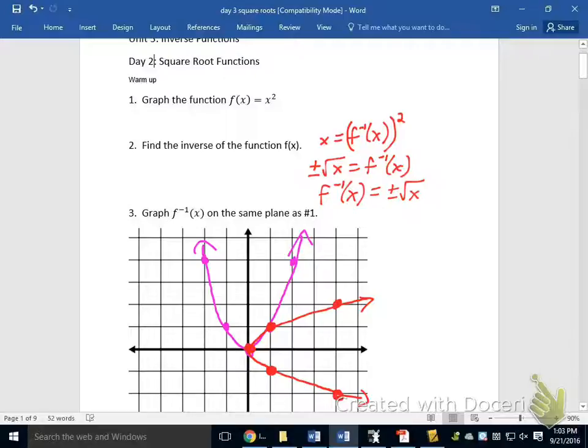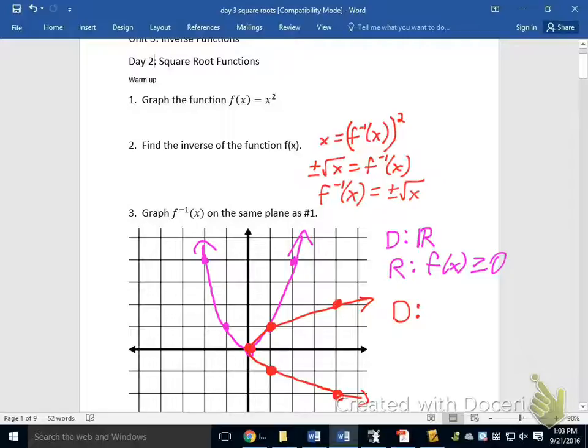What you will notice is that for the original function, the domain would be all real numbers. The range would be anything greater than or equal to 0: f of x is greater than or equal to 0. But now for this new function, this plus or minus root of x, which is actually two functions, we have a new domain and range.